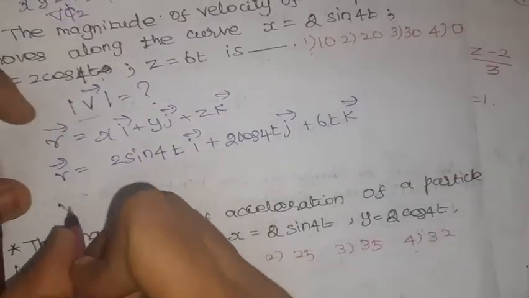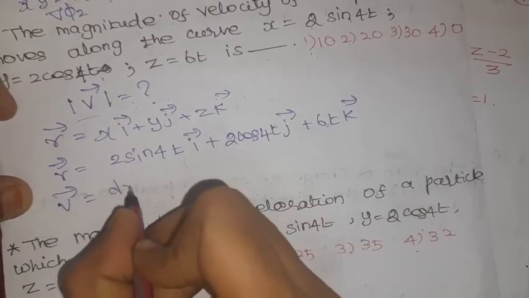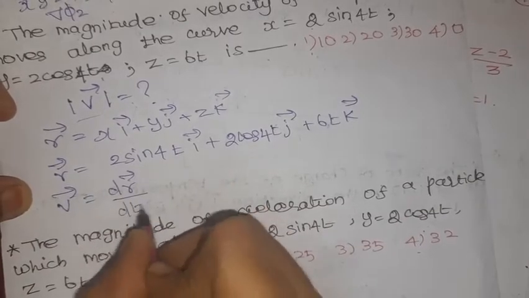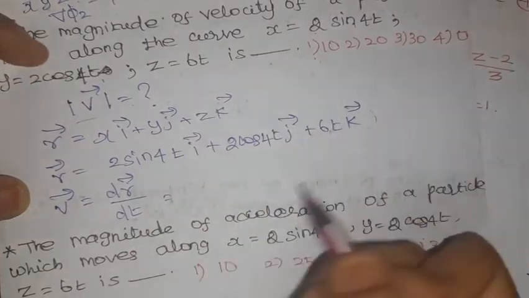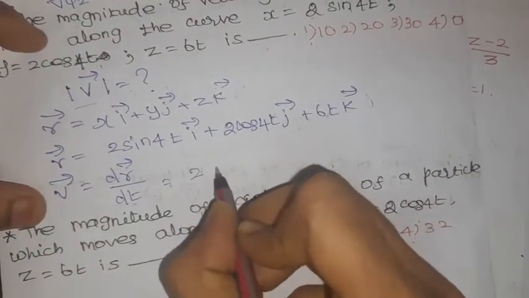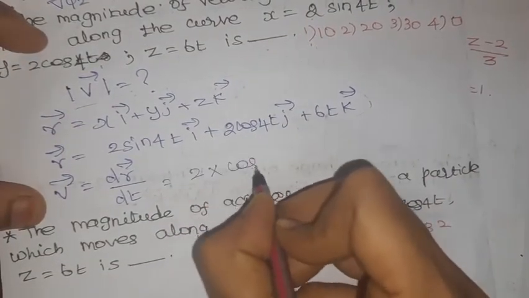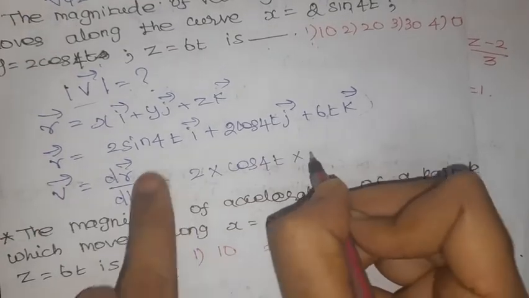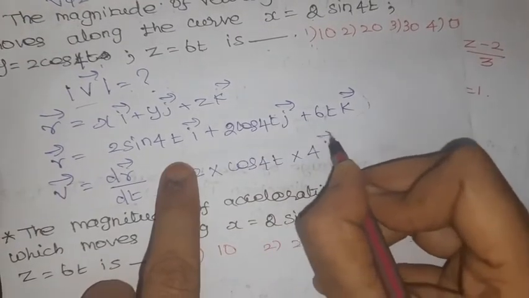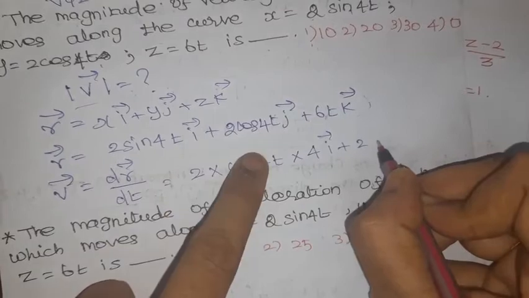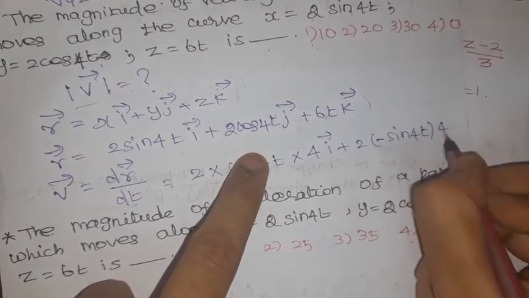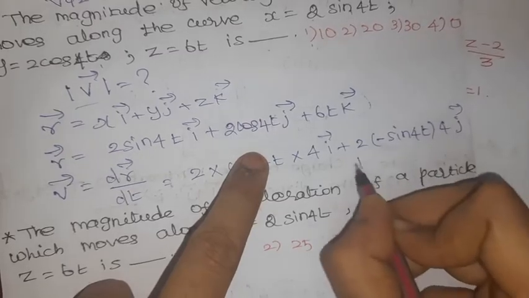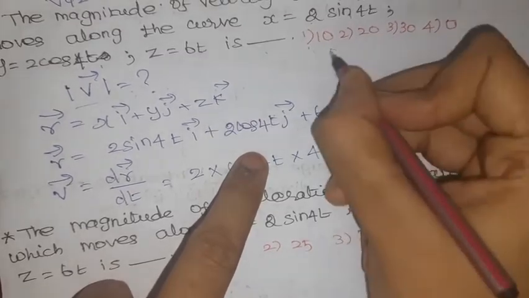Velocity is nothing but dr by dt, differentiating with respect to t. So just differentiate this equation with respect to t. So 2 into cos 4t into 4 into i, then 2 into minus sin 4t into 4 into j, then 6k.